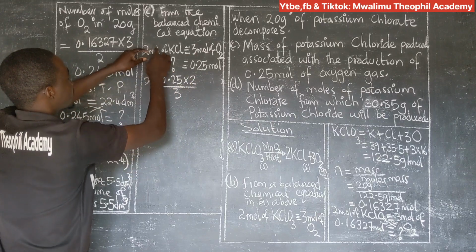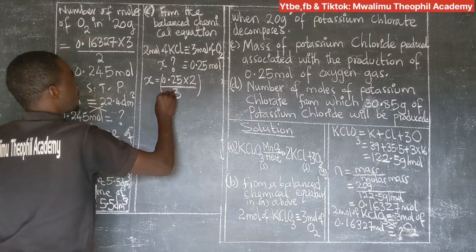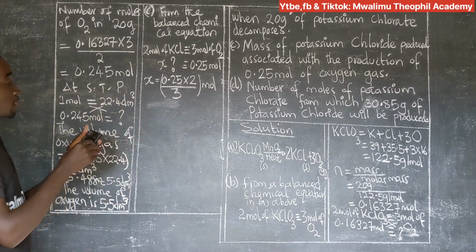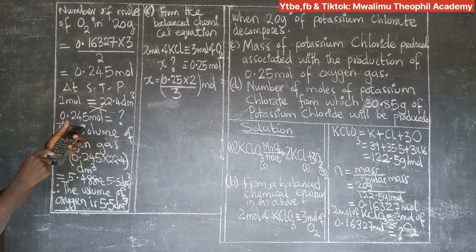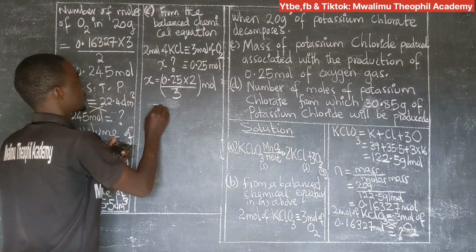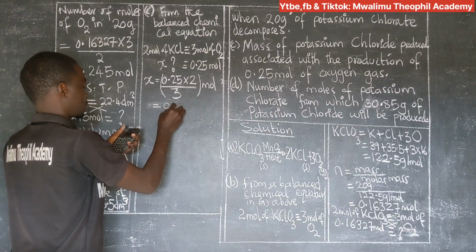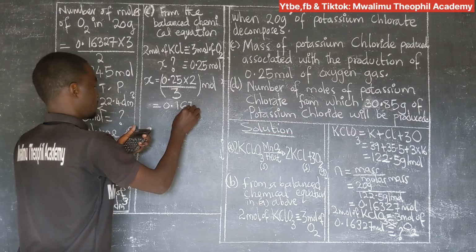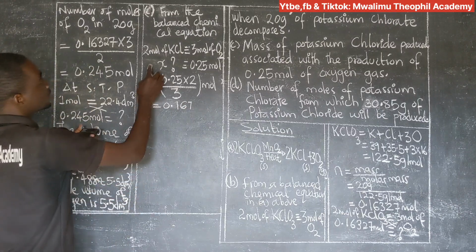Now, let's compute this. We have 0.25 times 2 divided by 3. You get the answer is equal to 0.167 mole.